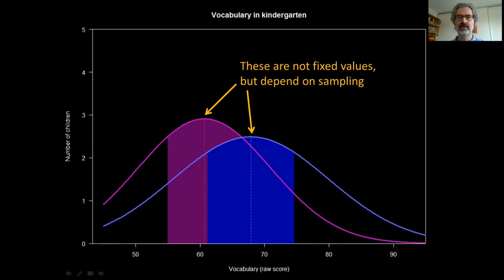So if we had sampled a different group of girls or a different group of boys, we would have gotten a different mean. There is some uncertainty in each mean, which is precisely what is reflected in the two confidence intervals.